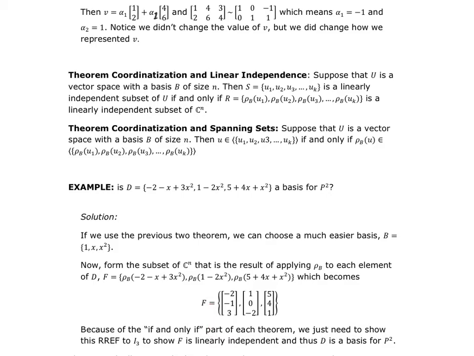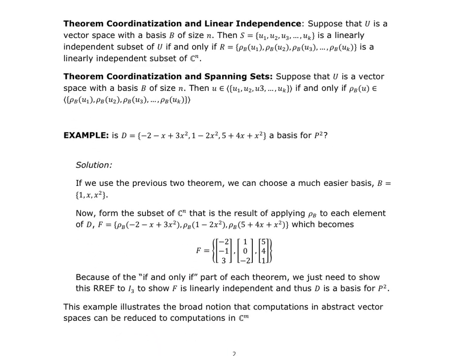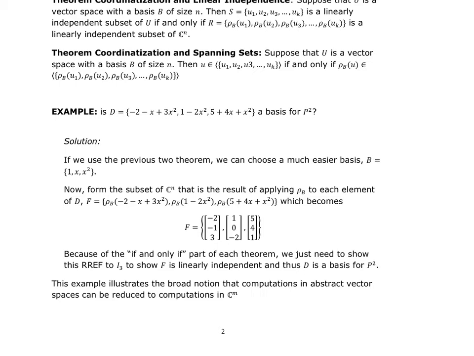And then because of the if and only if part, all we need to do is put this F into a matrix and row reduce it. And if we can row reduce it to the identity matrix, then we know this is linearly independent, which means D is also a basis for polynomials of degree 2 or less.